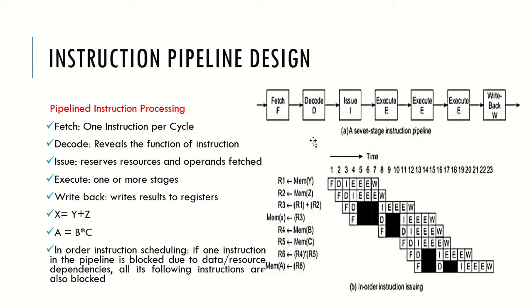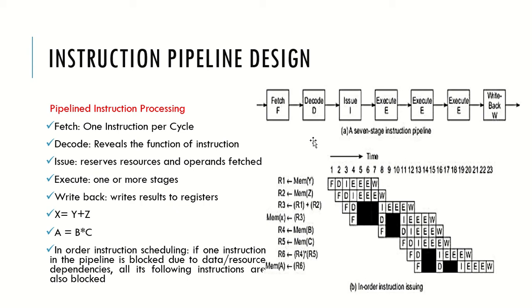Issue fetches the corresponding operands and also reserves the resources required for executing that instruction. In the execute stages, you actually perform the execution of the instruction, and finally you write the results back to the registers if it is a register to register operation, or to the memory if it is a register to memory operation.